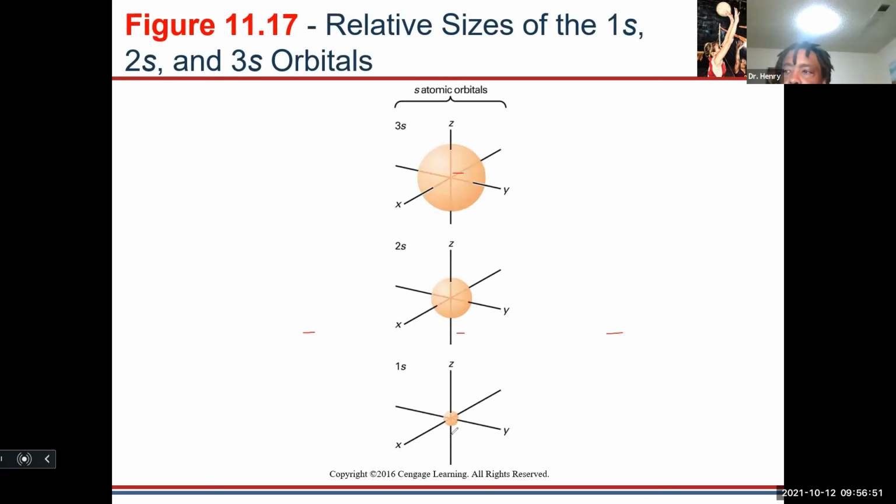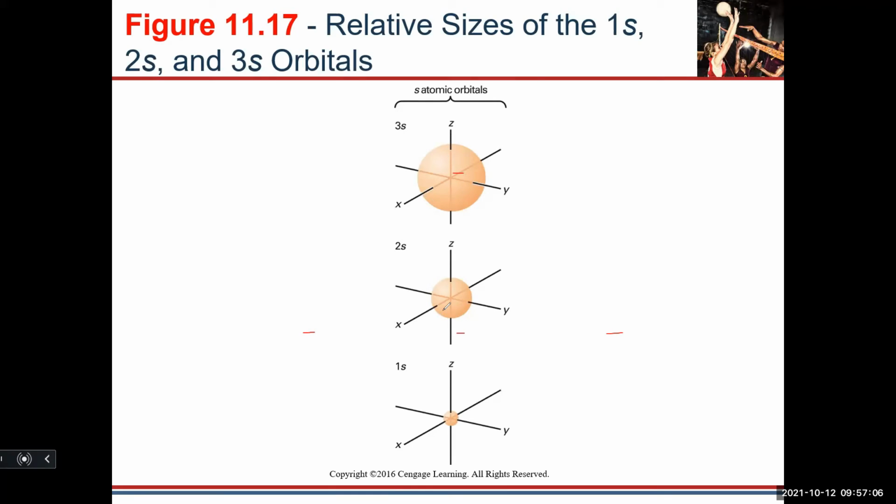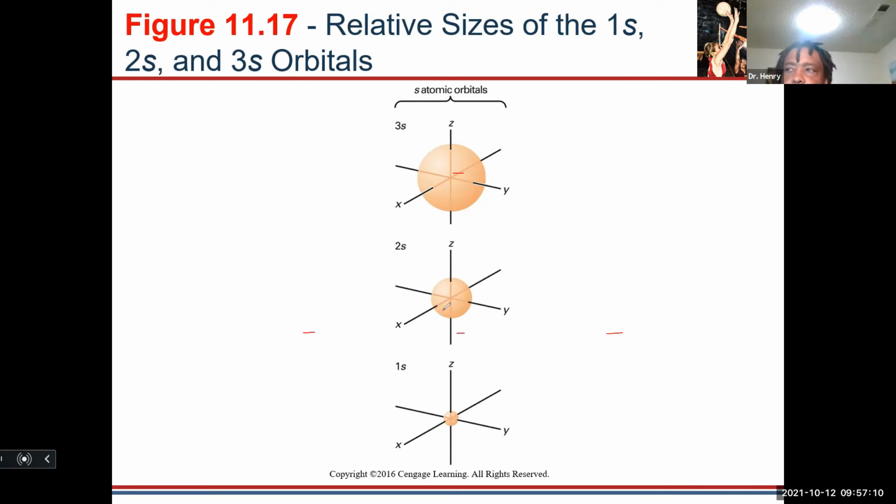The 1s is going to be closer to the nucleus than the 2s. The 2s is going to be on the outside. Have you guys ever seen those Russian dolls, the ones where you open and there's a smaller one inside? The shells or the subshells are like those dolls.